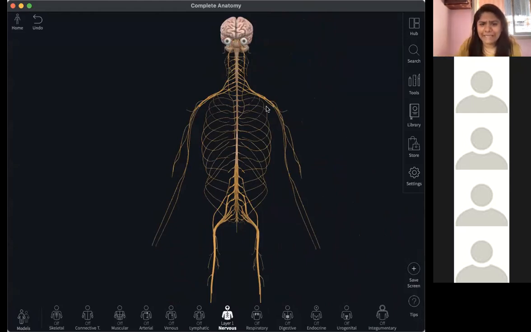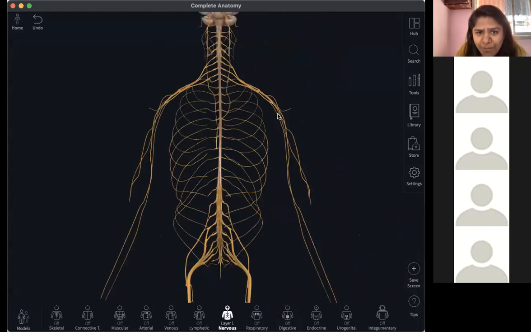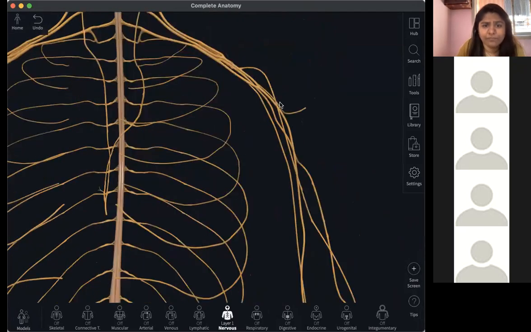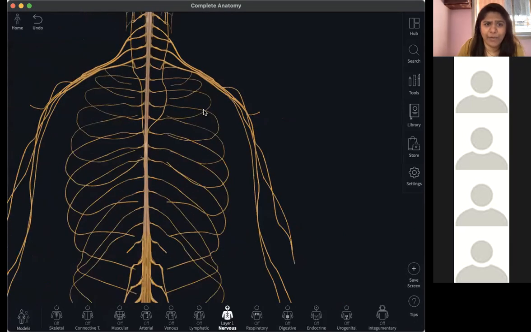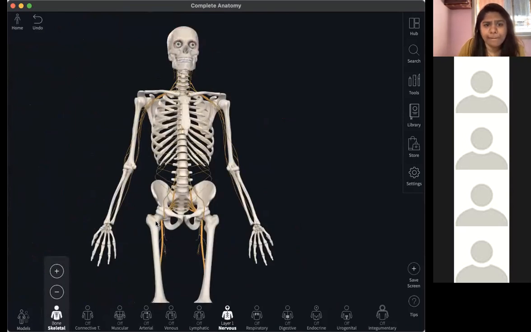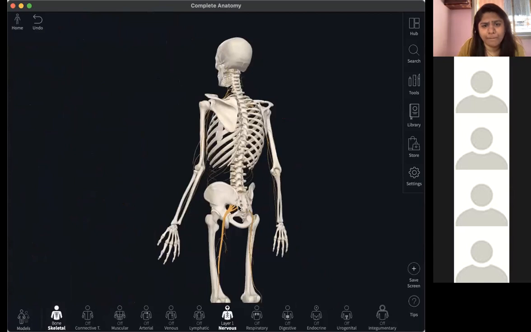Okay. What are these other yellow things? What is this yellow thing over here? Those are nerves. And what are they doing in my body? Sending nerve impulses and signals.